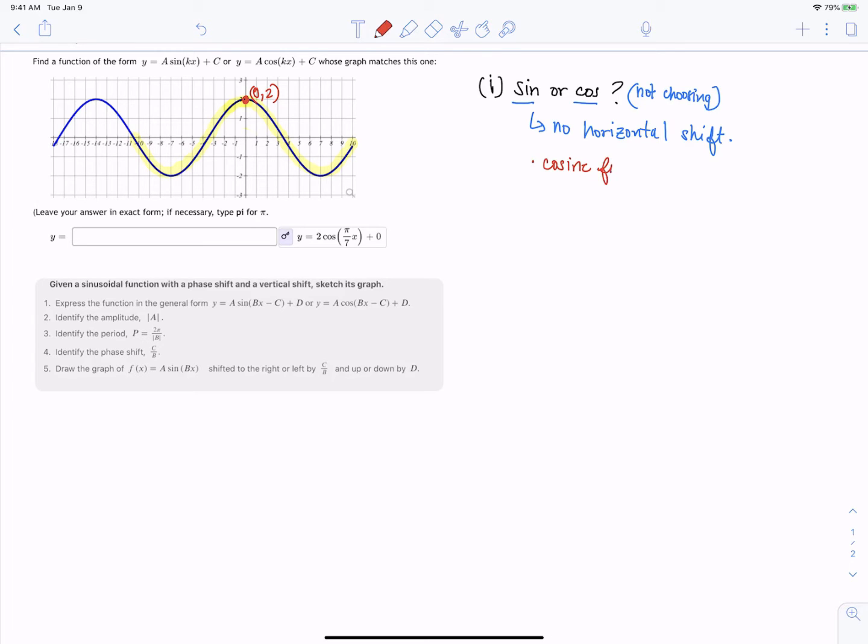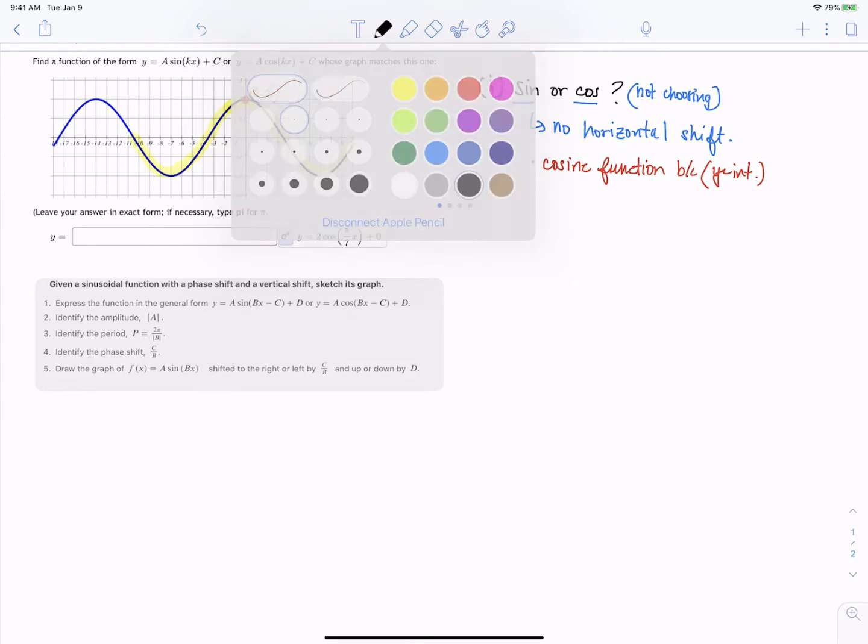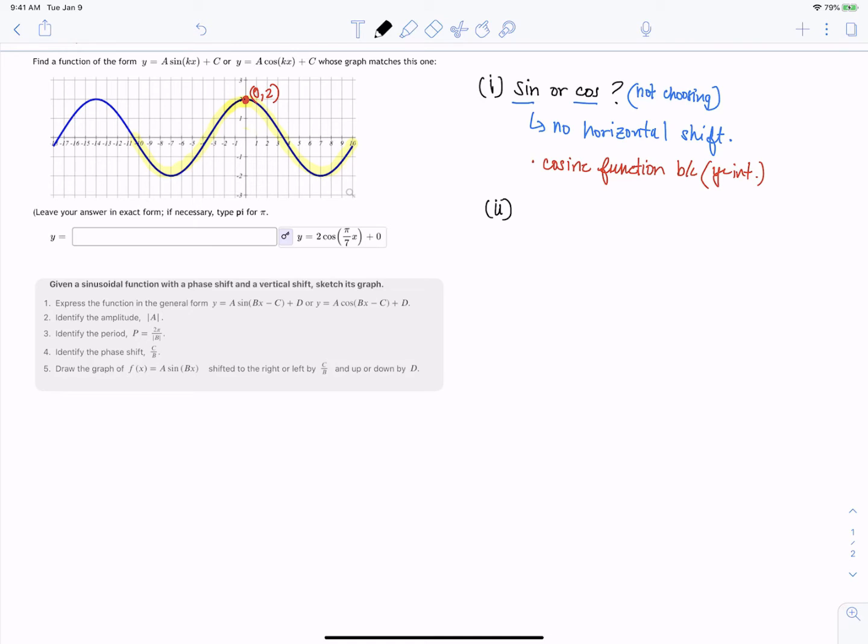We can say that because of the y-intercept, because recall, the y-intercept for sine would have been at the origin, but it's not. So this means that we have a cosine function, and that the cosine function will look like y equals a cosine kx plus c.